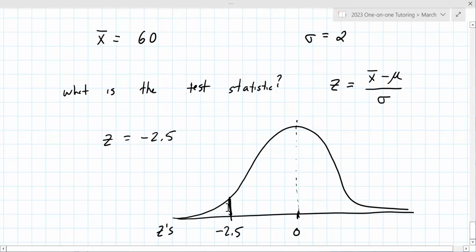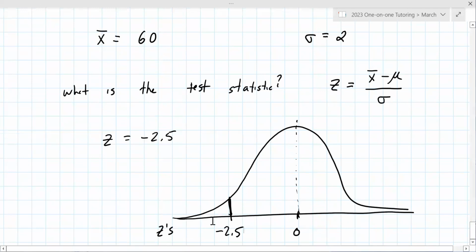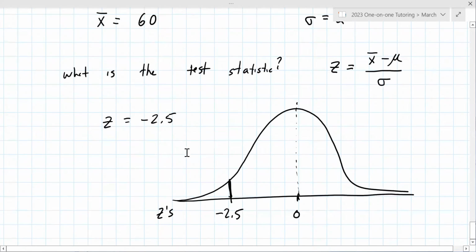So what I was asking is for you to tell me which side you're going to shade based on this symbol right here. It's always from the alternative, which is the left or the right. Do you need me to repeat the question? Yes, please. So again, this is our Z value. The question is, where are we going to shade, left of it or right of it?